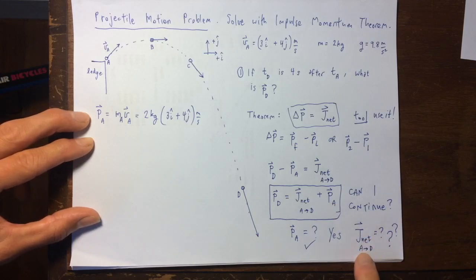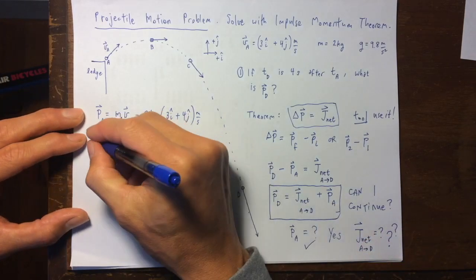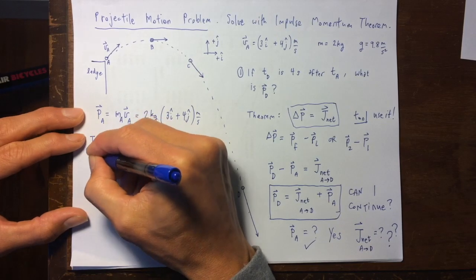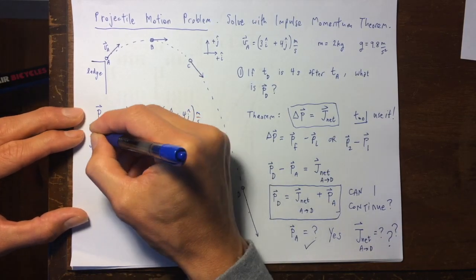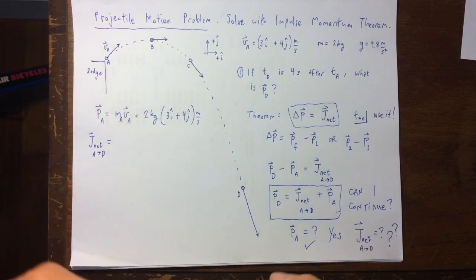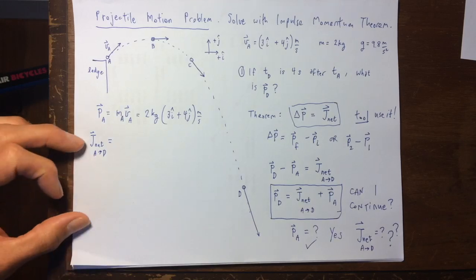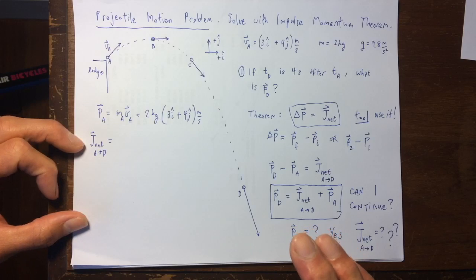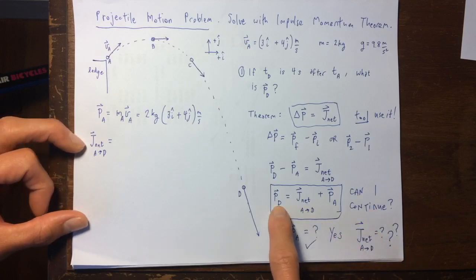But J net from A to D, let's do some exploration. As a student, you wouldn't see through to the end. So all you've got to do is start working, don't make any mistakes, and see if you can get to something you can use to finish.